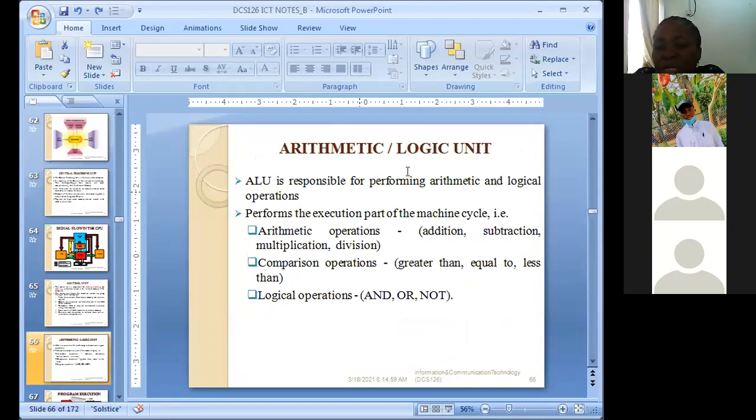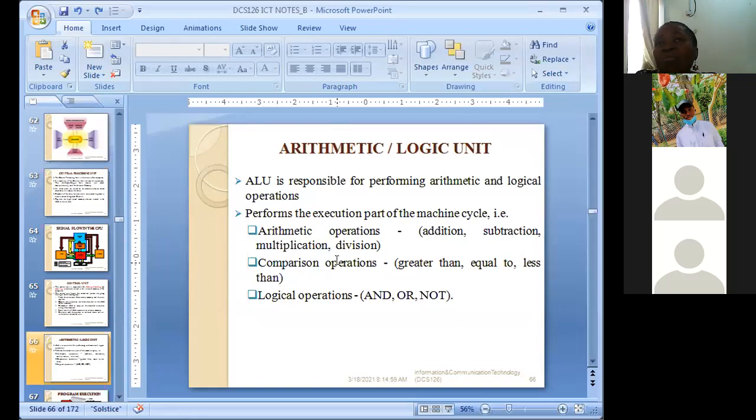The next unit is the ALU. I've also explained so much about it, but I'll run through the slide as I usually do with you. The ALU is responsible for performing arithmetic and logical operations. So what are these arithmetic operations? The same arithmetic operations you know: addition, subtraction, multiplication, division, and if there's any other arithmetic operation, the ALU handles it.